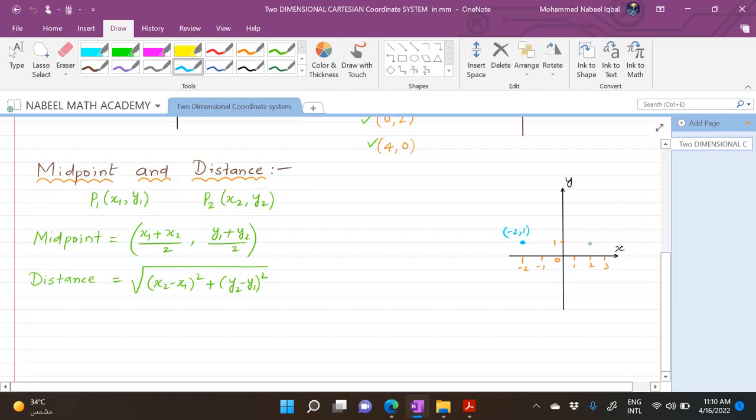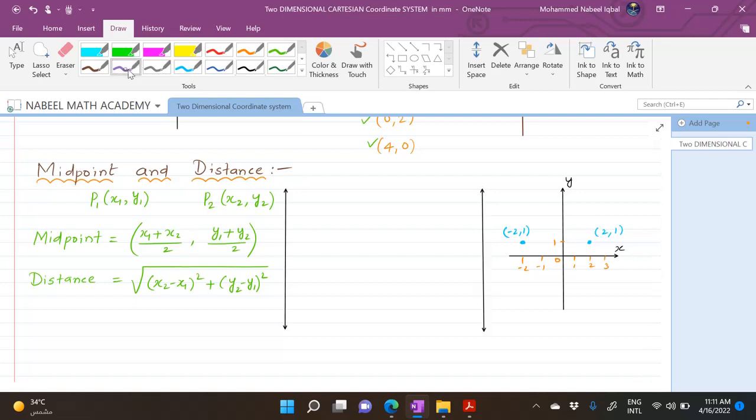Let us go with here: x value 2, y value 1. I want to calculate the midpoint of these two points and the distance between them. The points are, first of all, P1 and P2.